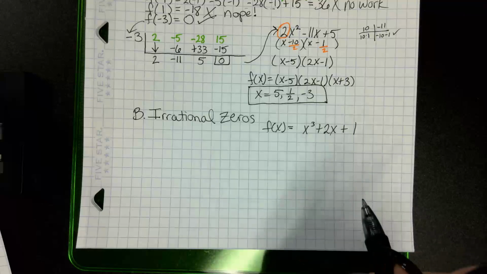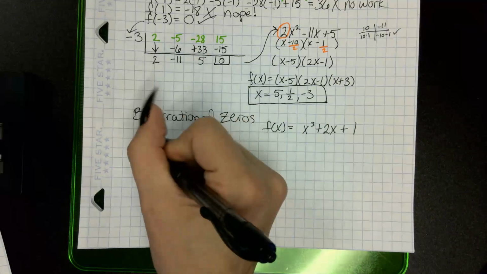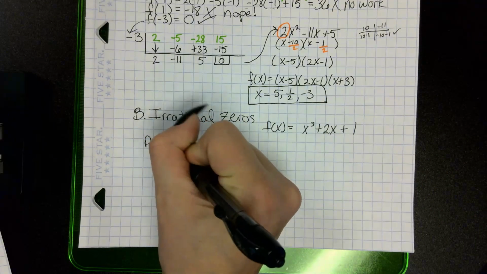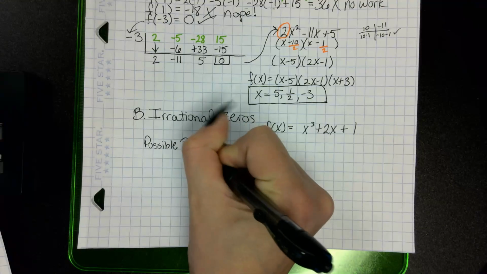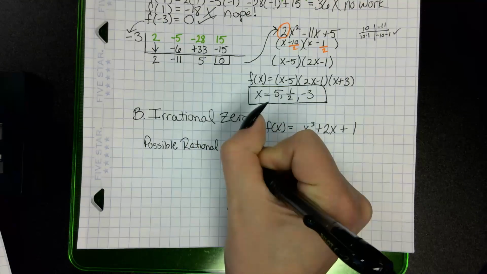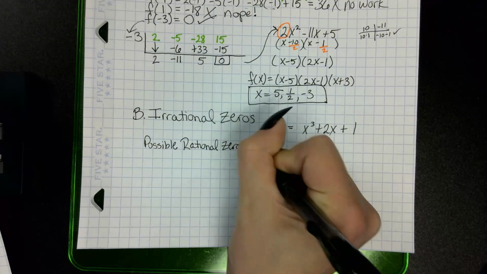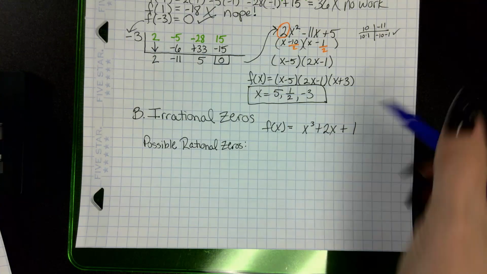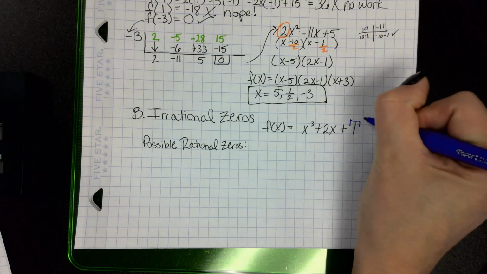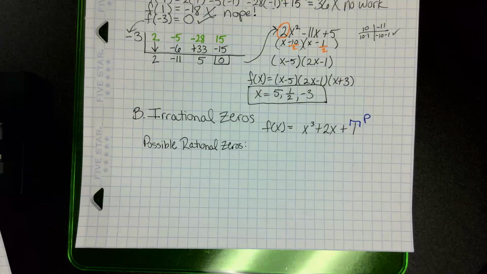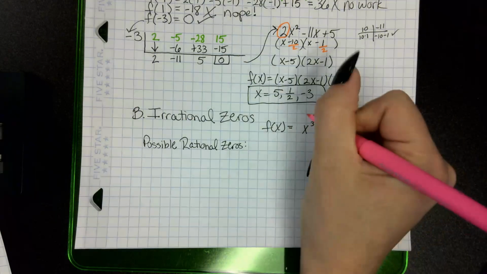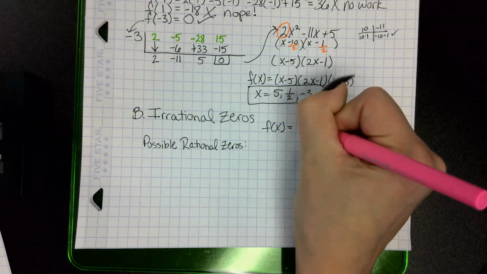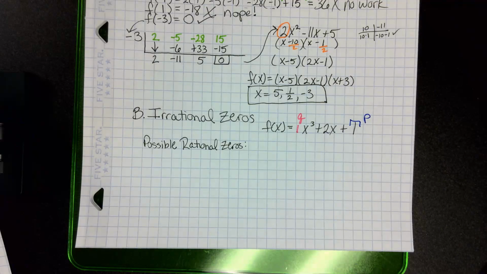We're going to list the possible rational zeros. Possible rational zeros is factors of p over factors of q. So we need to identify p and q. P is 1. Q, since there's nothing there, the q value is also 1.